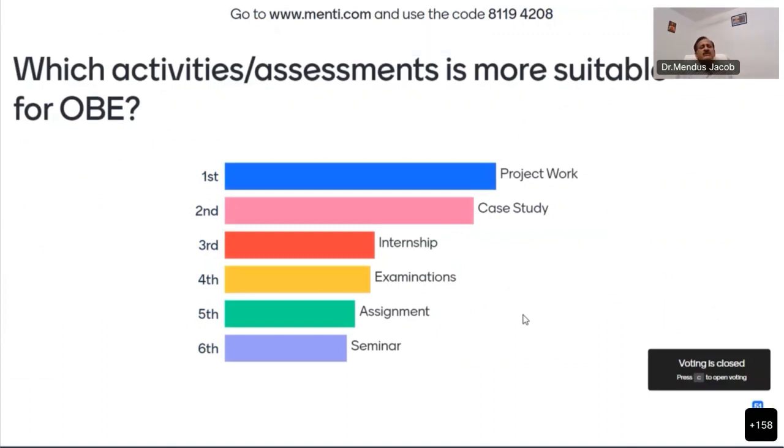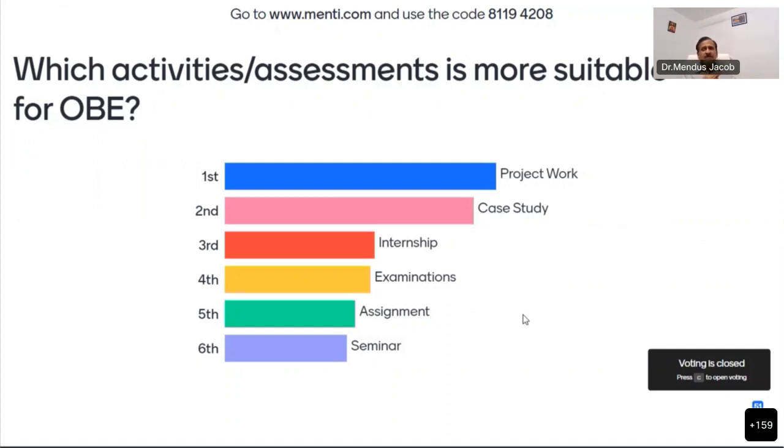Which activities or assessments are more suitable for OBE? Most of you have given more preference to project work, then case study, then internship, examinations, assignment, then seminar. Now, if you consider the POs, the program outcomes or the graduate attributes, if the students are doing project work, what all skills are they acquiring through that project work? Team skills will be there.